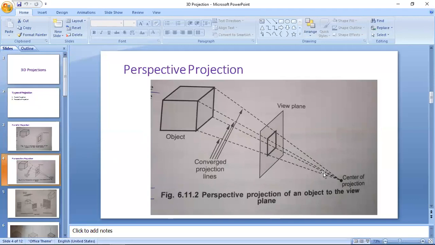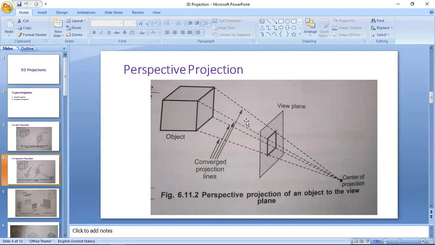When you get it on the two-dimensional view plane, the size of your object will be a little smaller, or it will vary. It will not be the original size of your object.